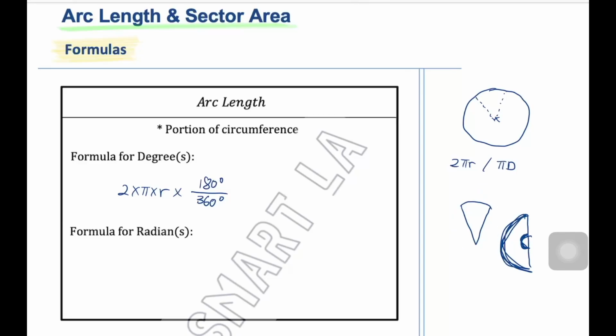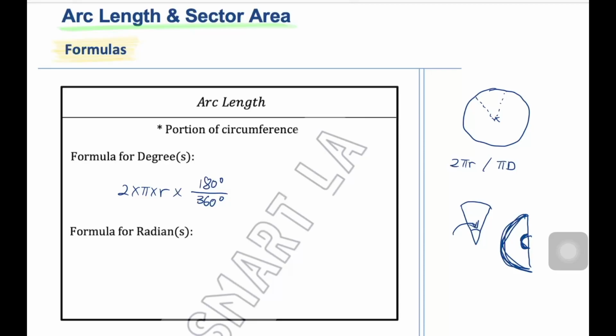All I need to do is know this angle here. So just like the semicircle, if I know the semicircle is 180 degrees, I can use it over here to find the arc length, the portion of the circumference.